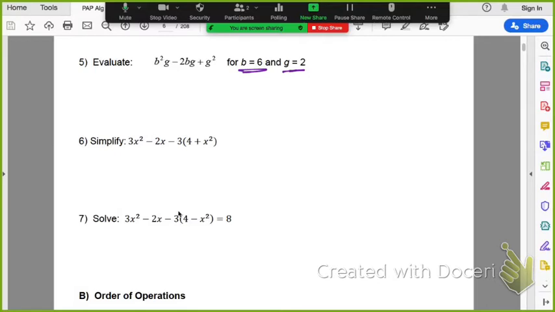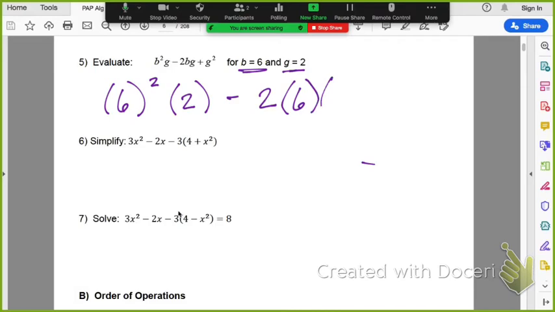So I'm going to write it like (6) squared (2) minus 2(6)(2) plus (2) squared. It doesn't make a difference for this problem because everything's positive, but whenever we get to a negative example, it is a huge difference.